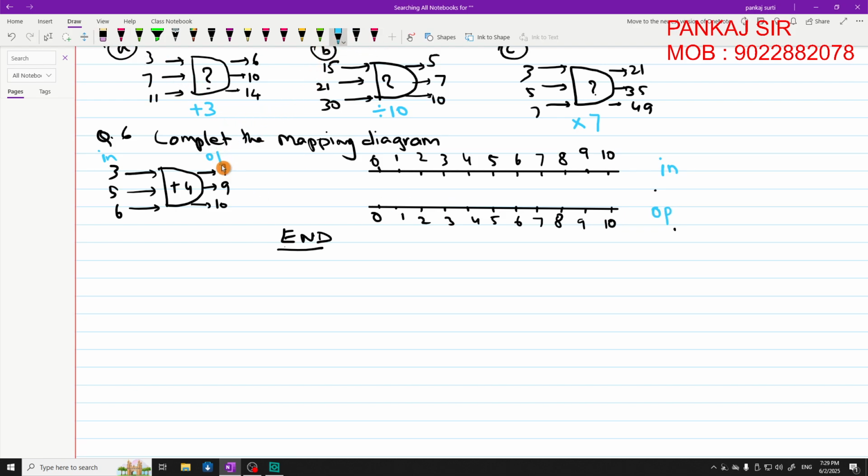Fine. Now you can see very nicely for the input 3, the output is 7. So from 3, I'm going to put an arrow on 7. Then for 5, it is 9. From 5, it will go to 9. And for 6, it is 10. So from 6, it will go to 10. So this is my mapping diagram for the last question.